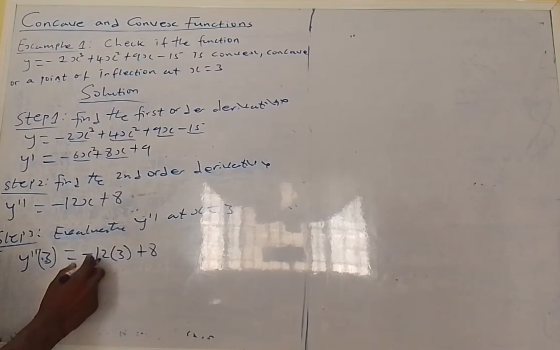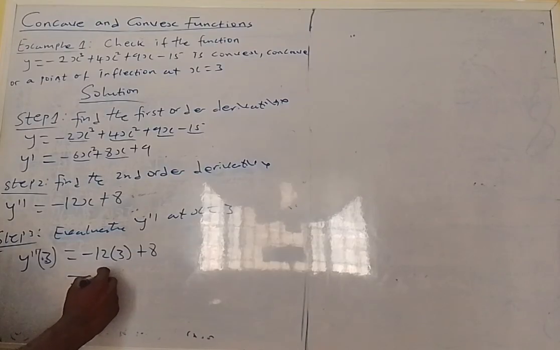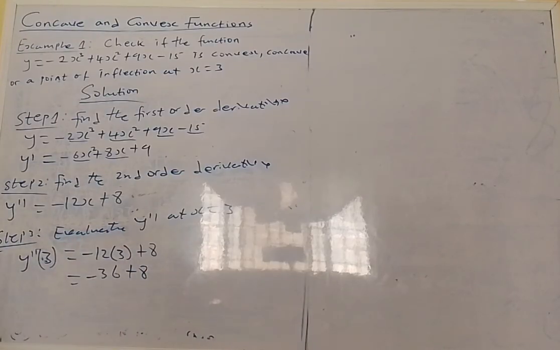Minus 12 times 3 is minus 36, then plus 8. That gives us minus 28.